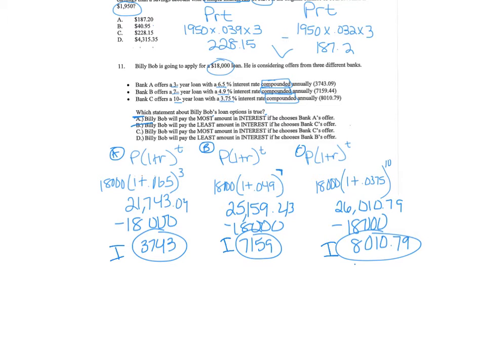C, Billy Bob will pay the most interest if he chooses bank C's offer. That's so far pretty true. D, Billy Bob will pay the least amount of interest if he chooses bank B. B was in the middle. We had 3, 7, and 8. So like I said, you could have gone off of this original number, but just to be sure, I double checked it since it was asking about interest.